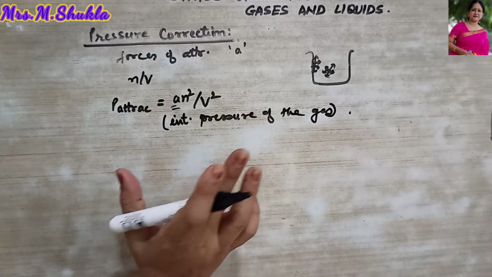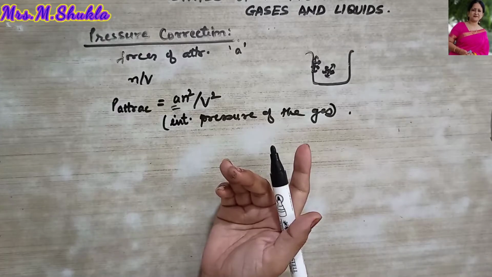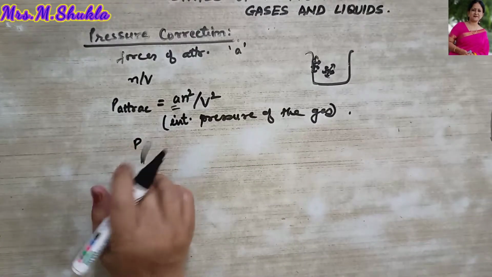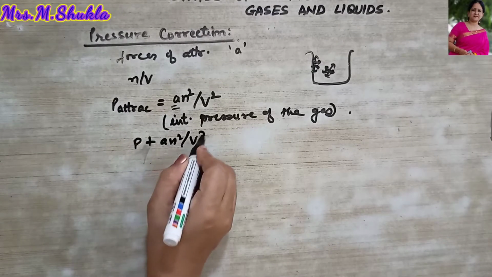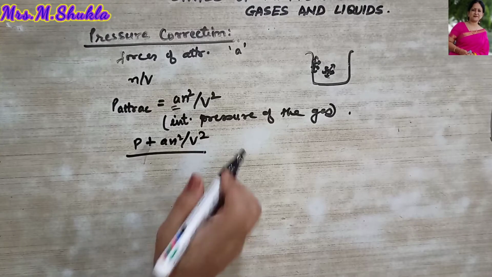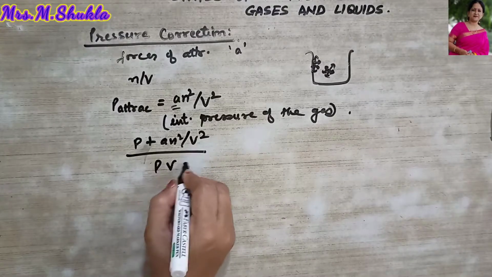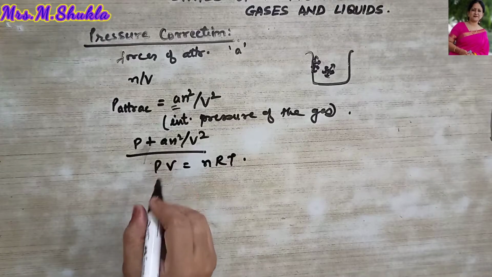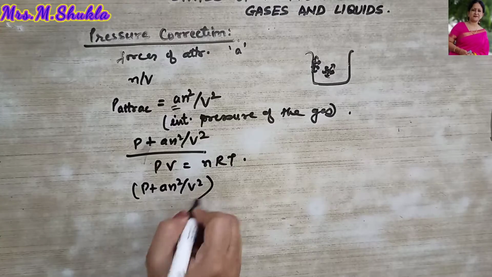So the pressure appearing in the ideal gas equation must now be replaced by what? It should be replaced by P plus an^2/V^2. Thus the van der Waals equation now becomes what? Let us write down PV = nRT. So P is now P plus an^2/V^2.